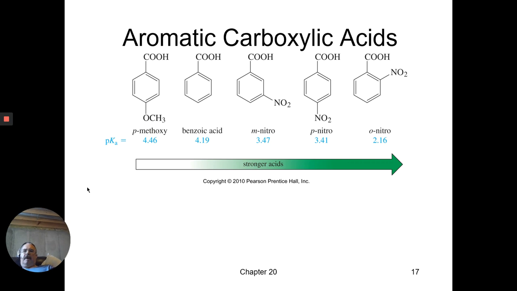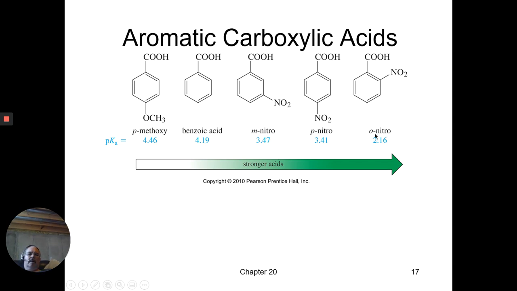Substituents on an aromatic ring, especially at the ortho and para positions, can affect the acidity of benzoic acids. Here's benzoic acid. We'll use that as a reference, 4.19. The para-methoxy: methoxy is actually an electron donating group, so that's going to make it less acidic.